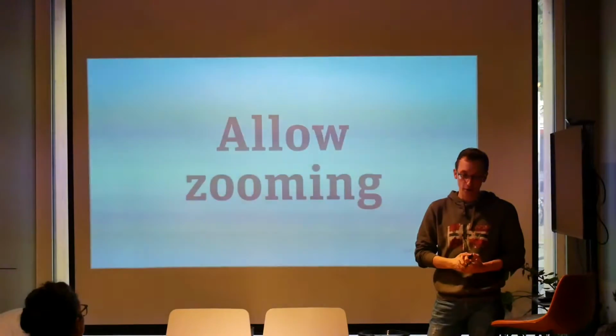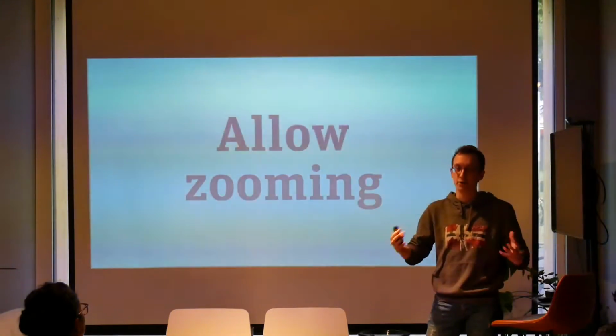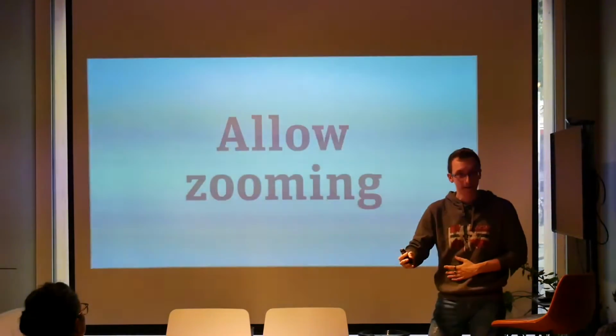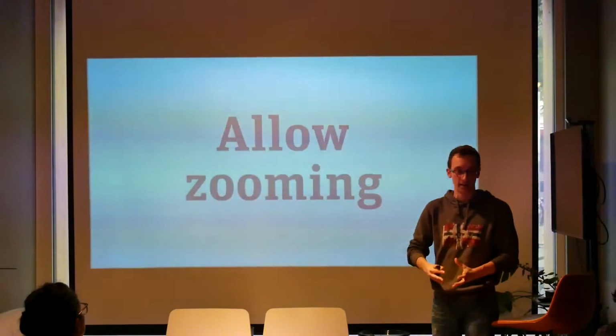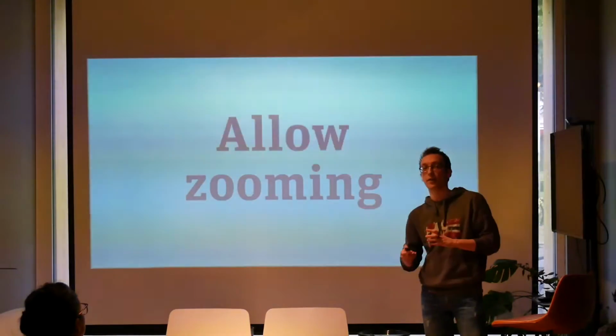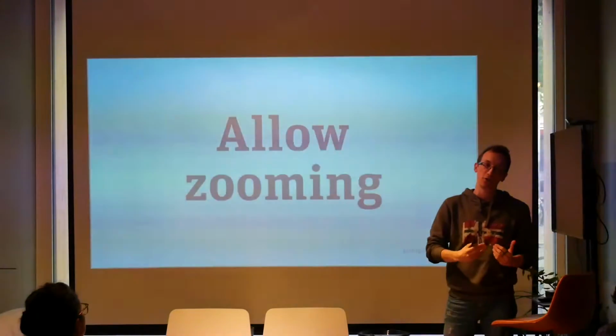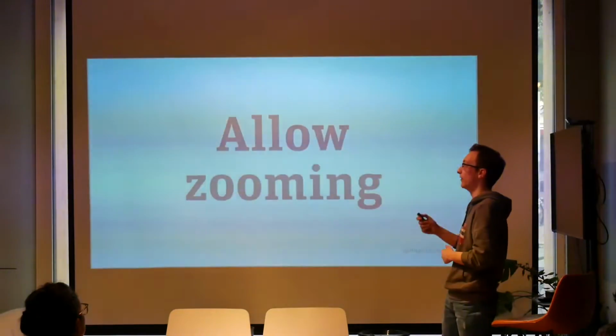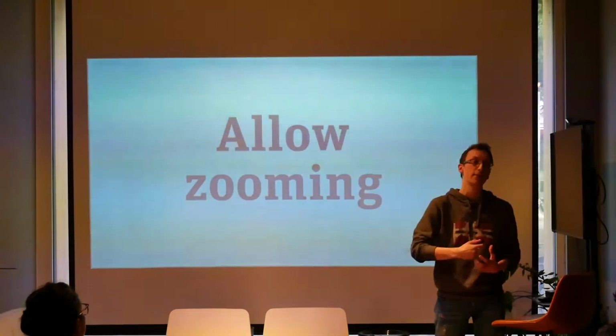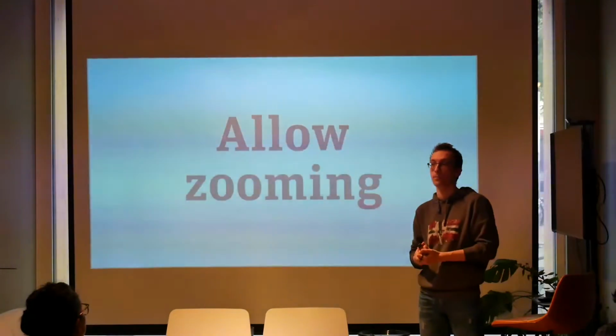Something that we also got better at as an industry is to stop preventing zooming. For a long time, especially when mobile devices started being all the hype, it was very common to disable zooming so that the application looks native-like. This is pretty bad. I know that I personally zoom a lot on mobile.